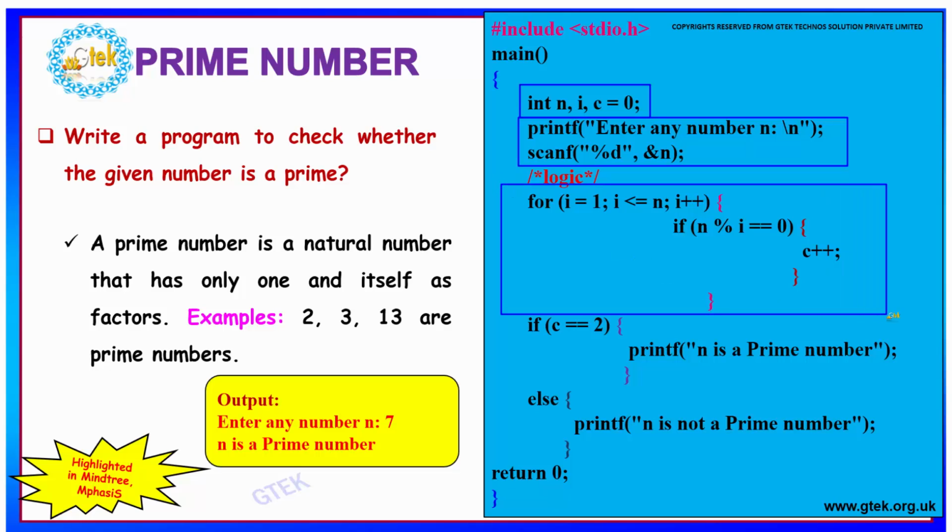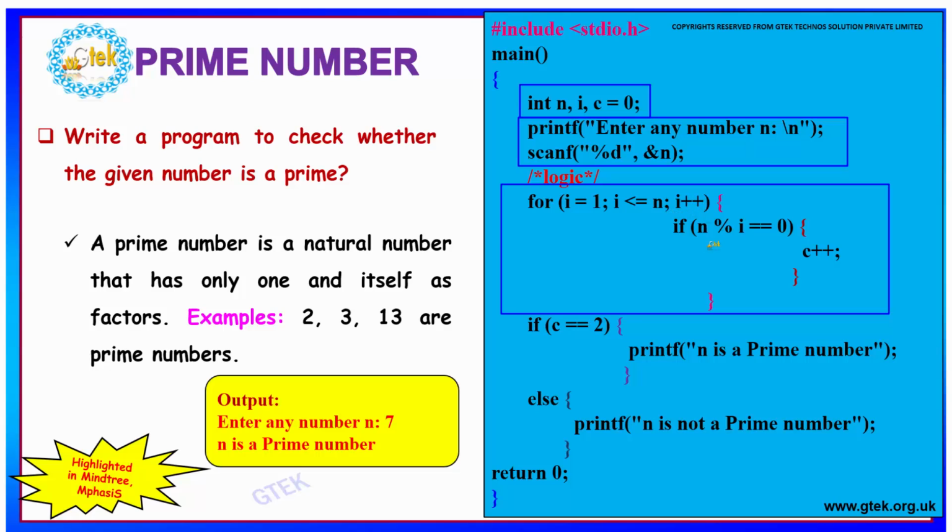To see whether a number is a prime number or not, we can easily check whether the factors are 1 and itself. If you see over here, we have initiated a for loop with i starting at 1, and the condition is that it should be less than or equal to n.